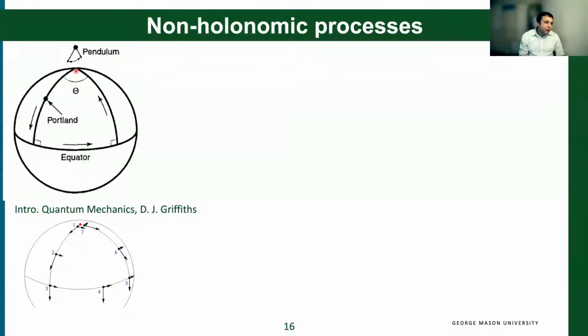I move this pendulum towards the equator, and then when I come to the equator and move along the equator and go back to the same position, then what is expected is that the pendulum will swing in a different direction. Okay, it's hard to do, but we can understand this by taking some vectors and taking even a globe, right?